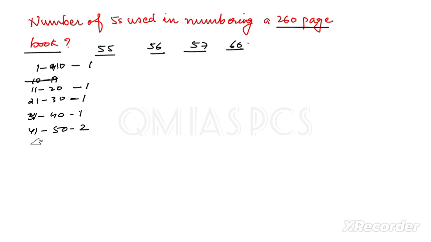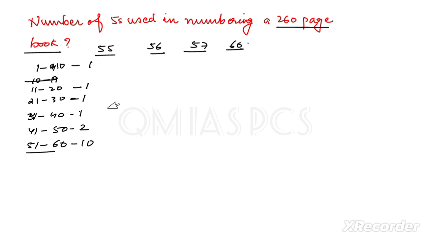Then 51 to 60: in the unit digit there is only one 5, but in the tens digit there are 9 fives, so the total is 10 fives.